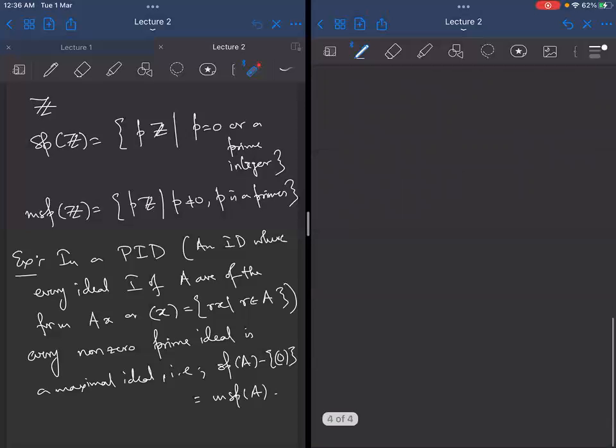So in that line, let me write down a proposition. For a ring A, the following are equivalent. Number one, A is a local ring.